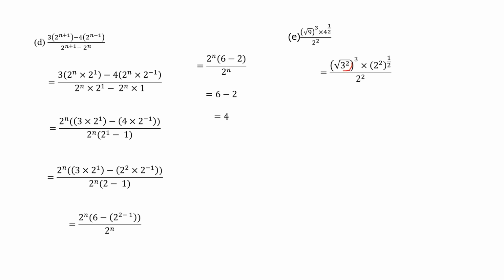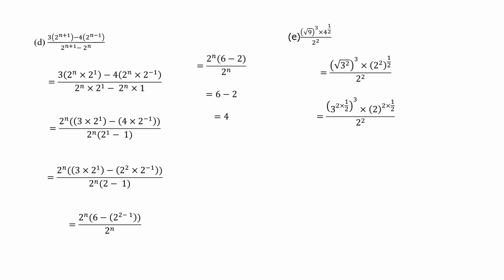So the 3 squared, the square is going to cancel with the square root, because the square root is always a power of a half. And when you multiply a half times the 2, the result here you will be having a 1.